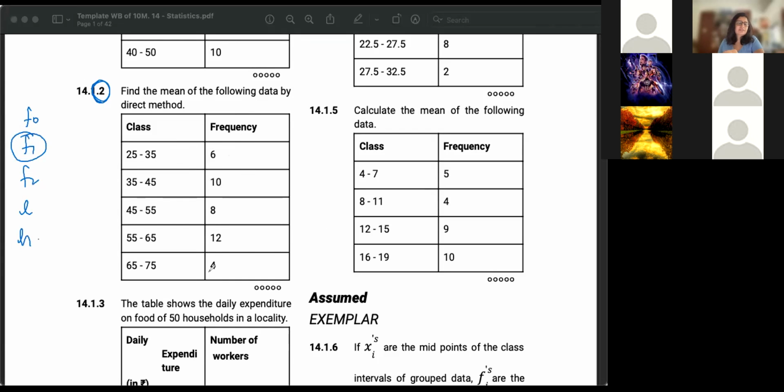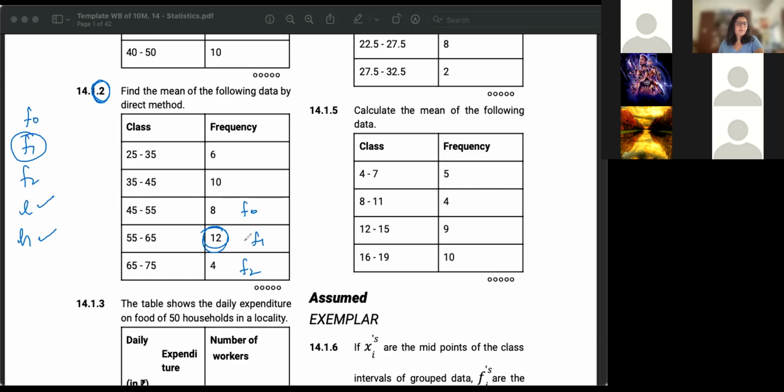So which one is the modal class here? 55 to 65, the one with maximum frequency. Yep. So this will decide your L. H is the same thing in the whole table. Got it. So this is your F1. The one before it will be F0. This will be F2.